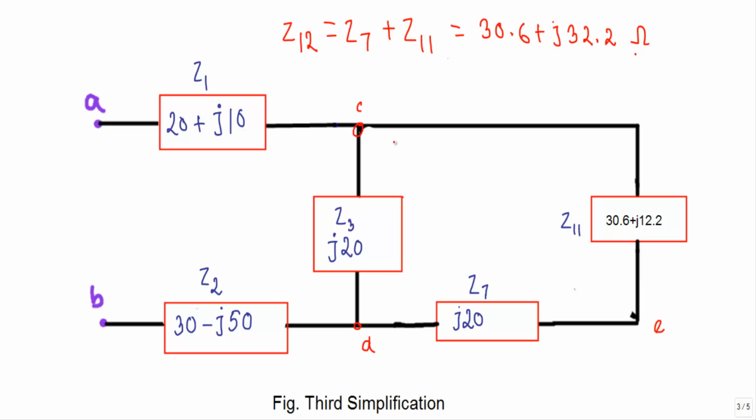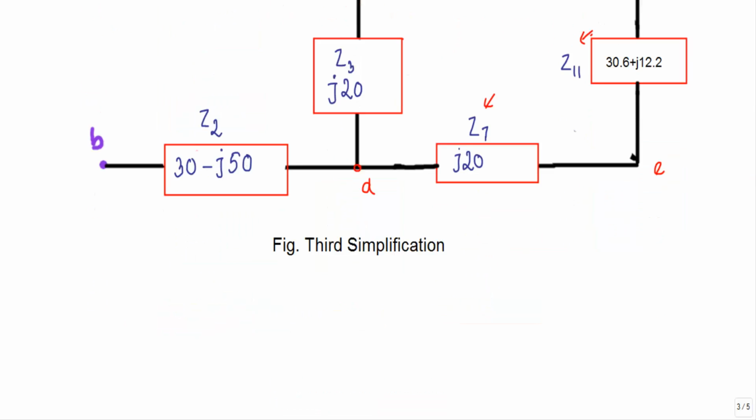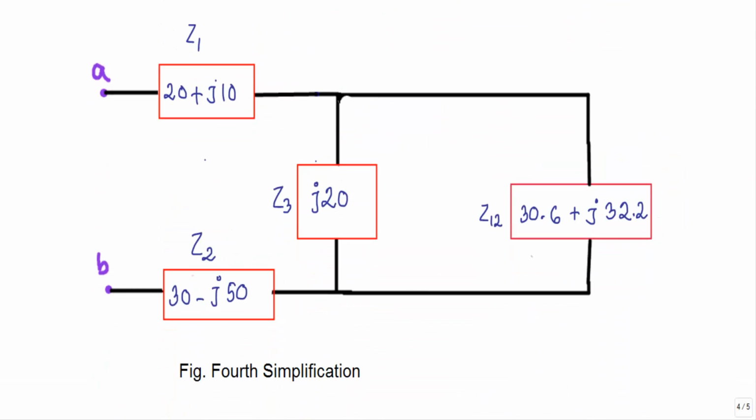Okay, so between the C and D terminals I will replace Z11 and Z7 with Z12. That will be our fourth simplified circuit. See, this is our fourth simplified circuit, and this is our C terminal and this is our D terminal.